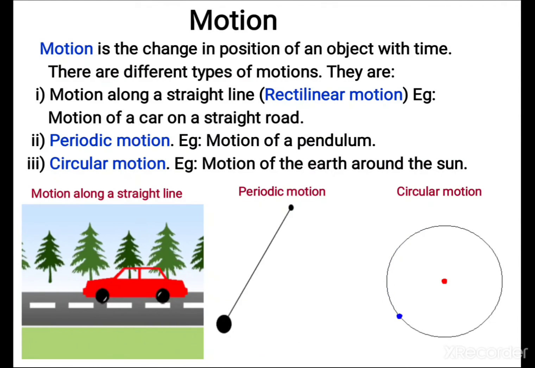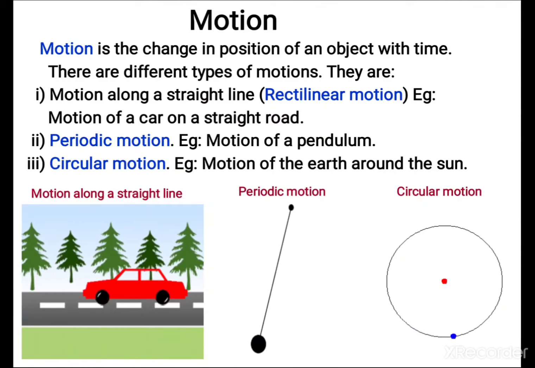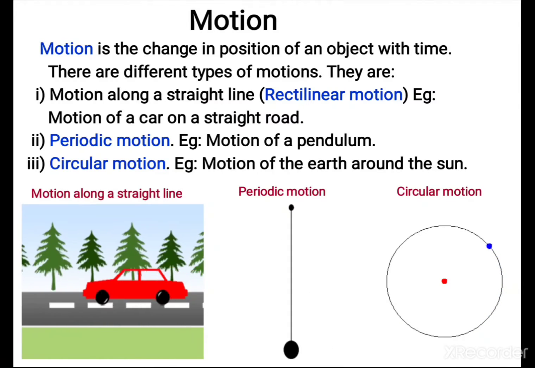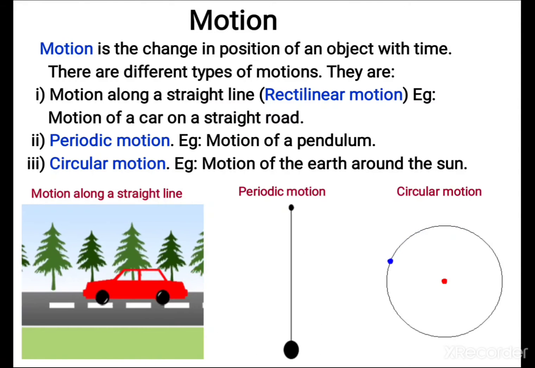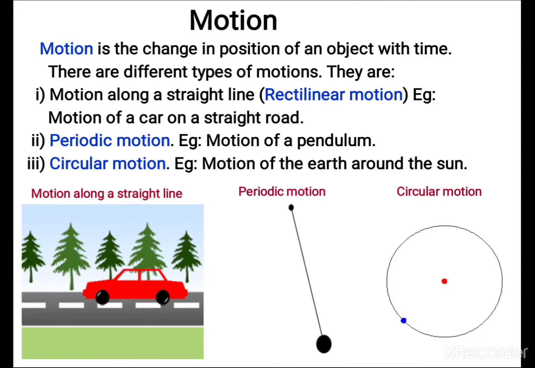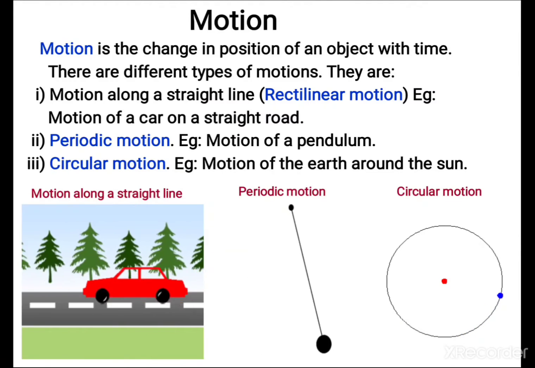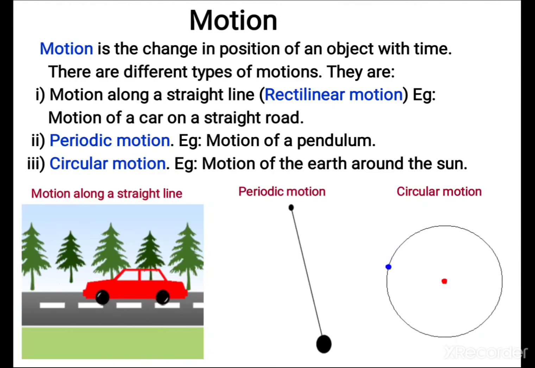Motion. Motion is the change in position of an object with time. There are different types of motions. They are motion along a straight line known as rectilinear motion.